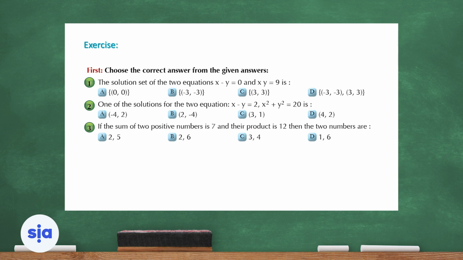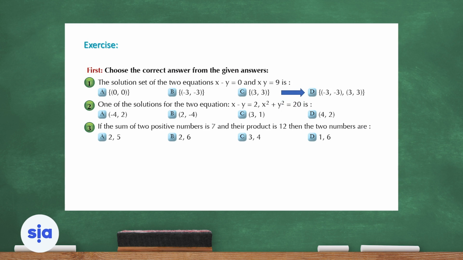So for sure it's not 0 and 0. And what two numbers multiply each other to equal 9 and they are the same? So don't choose negative 3 and negative 3 only, and don't choose 3 and 3 only. Yes, good job. The answer is both negative 3 and negative 3, and 3 and 3.